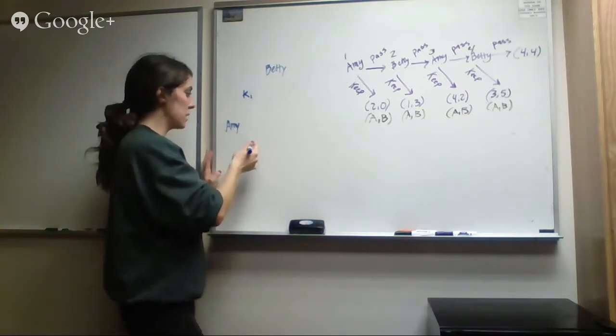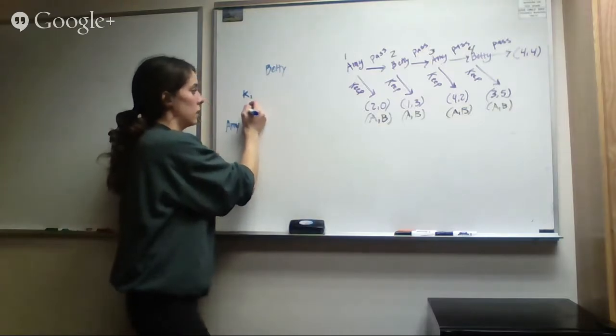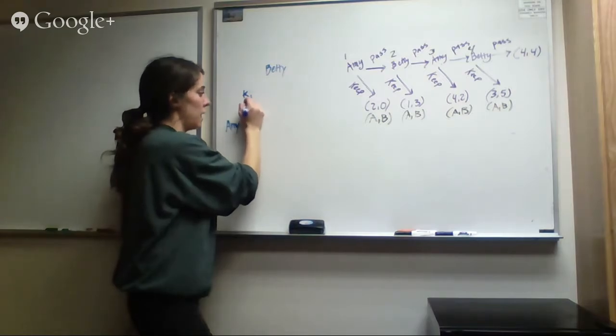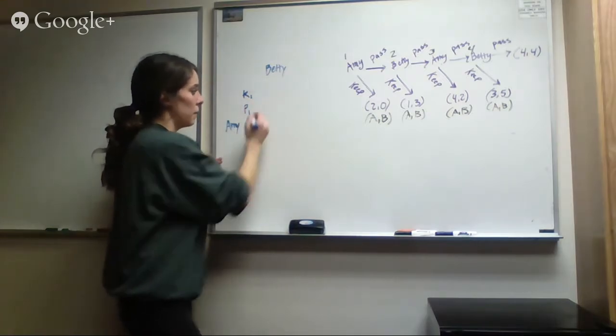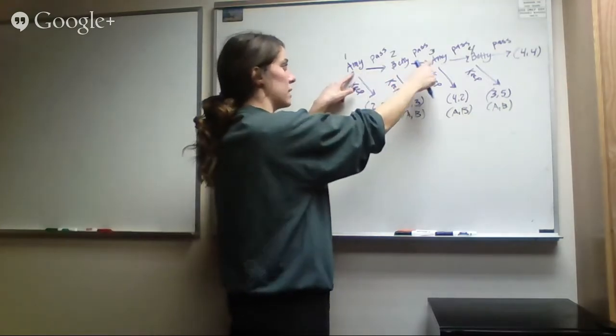Okay, so Amy could be the type of person, though, where she would pass on move 1, but keep when she gets her move again, which is not going to be until move 3.